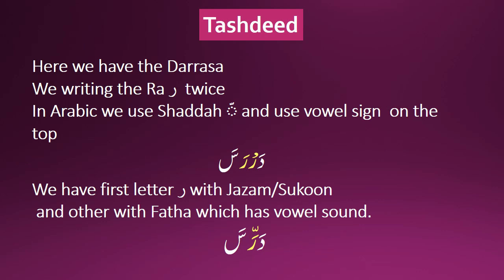In Arabic, we use shadda and put the vowel sign on top. We have the first letter ra with jazm and the other with fatha, which has a vowel sound. When we use tashdeed on it, it becomes like this. Darasa.